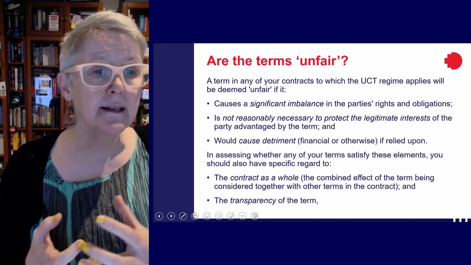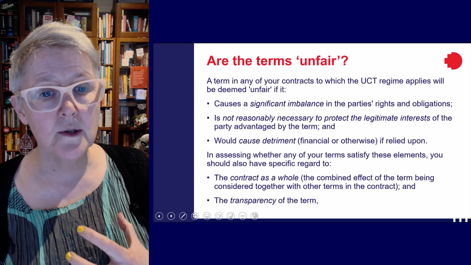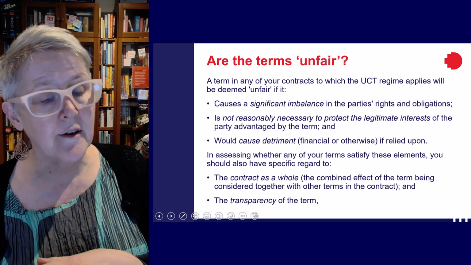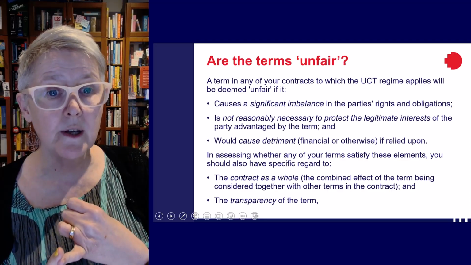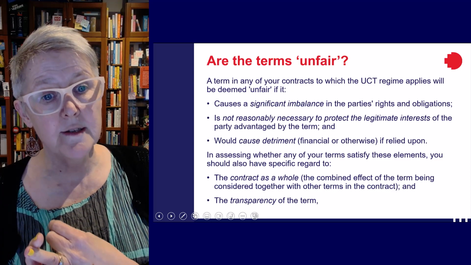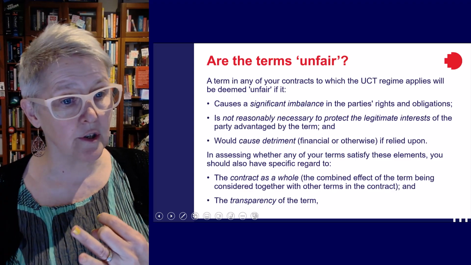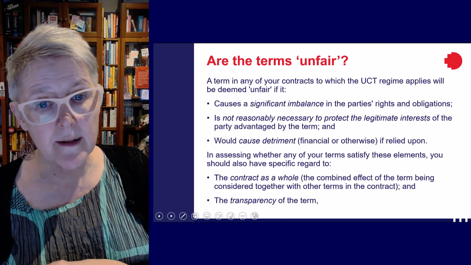Businesses need to keep these factors in mind because the regulators and the courts have already identified categories of high-risk terms. These include terms which limit or exclude the liability of one party, which provide for wide indemnities or automatic rollovers of the term, or which give one party the right to unilaterally vary or terminate the contract without reasonable cause.